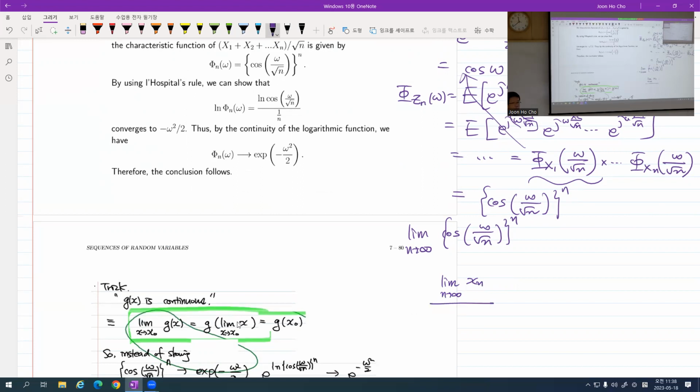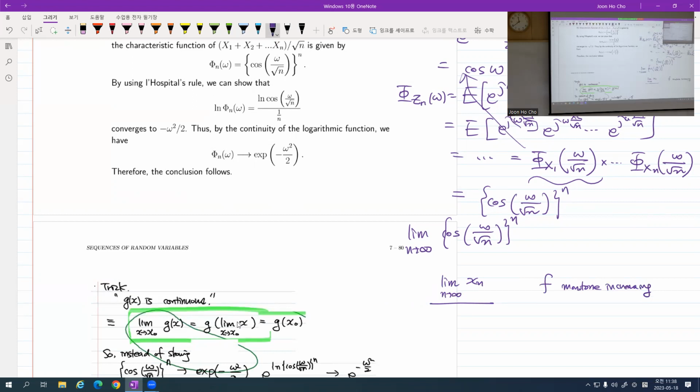Suppose you want to compute the limit of a sequence of numbers x sub n. And if you have a monotonically increasing function, strictly increasing, F monotone increasing, or just monotone decreasing, it doesn't matter.